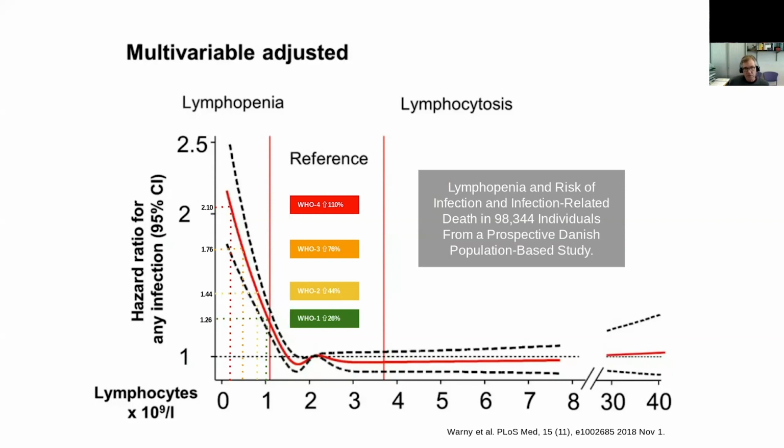But you can see the risks really go up once you go to grade 3 or 4. So at a population level, the WHO classification system is probably not ideal. We've stuck with it, and that's what's used in clinical trials and what's reported by regulatory authorities. But the real risk of infection and infection-related death really ramps up when your lymphocyte counts drop below 500.